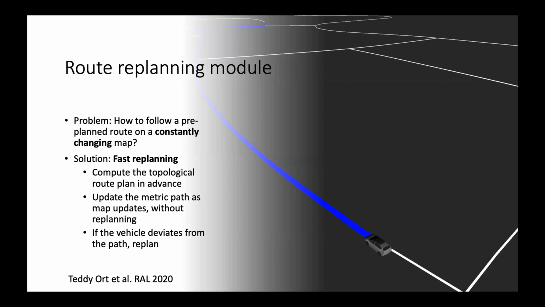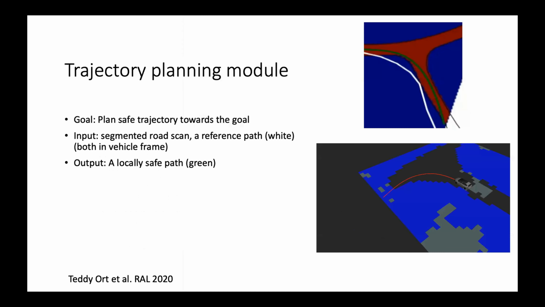But we have this pre-planned route, and the map is constantly changing because of the topometric registration. You might find the map keeps rotating in place. So we have a fast replanning algorithm, detailed in the paper, that only requires replanning if the vehicle deviates from the path. If there are only metric level deviations without any topological deviations, we do not need to replan, because that's likely due to an error at the metric level of the map.